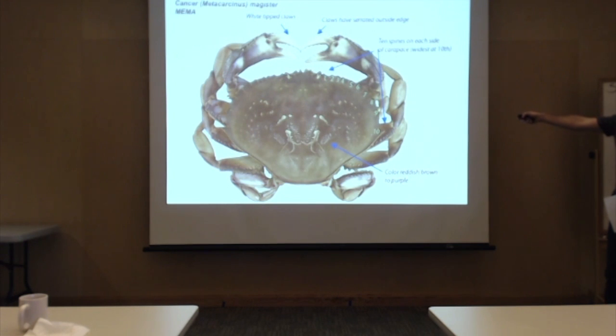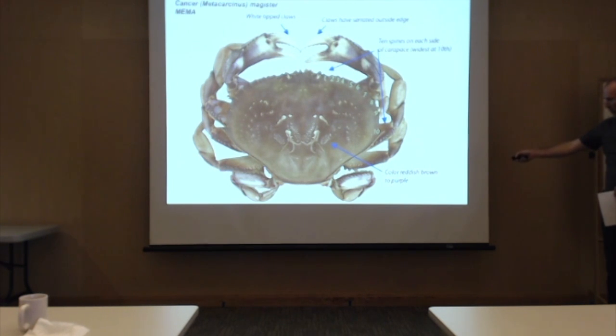But 10 marginal teeth with the widest being the 10th tooth is very, very important for identification. The claws tend to be pretty pointy, and we have serrations or dentition on the inside, but also on the upper surface, strangely. I don't know why that's like that. But they have teeth on the outside as well as on the inside. Okay.